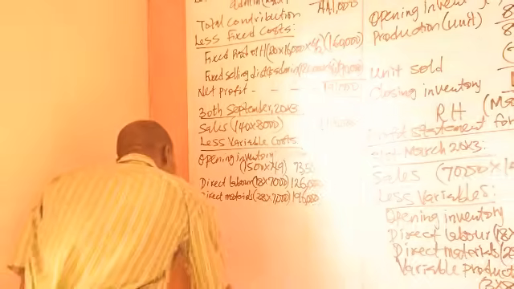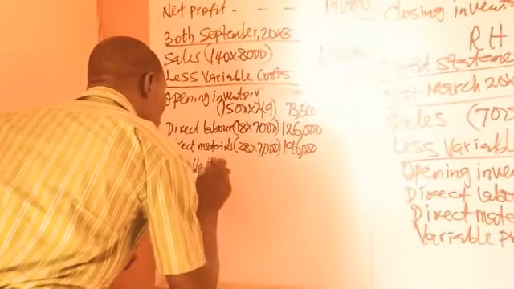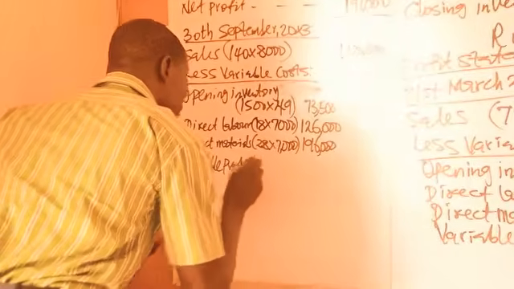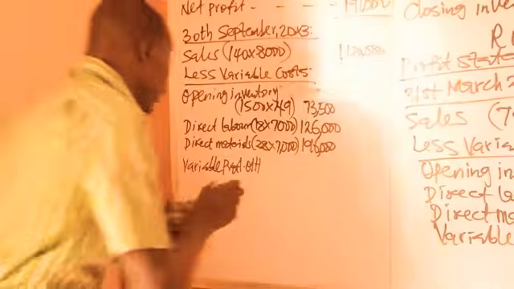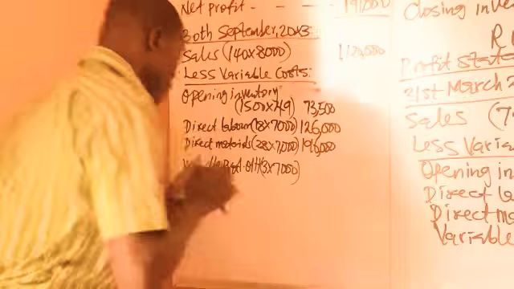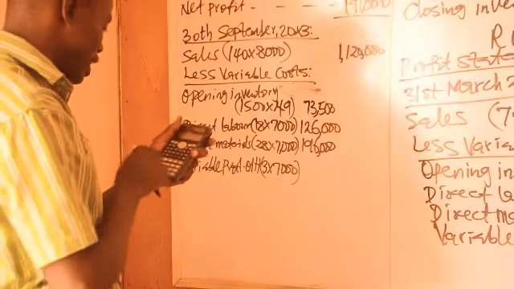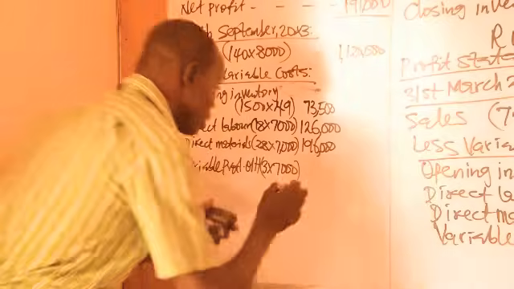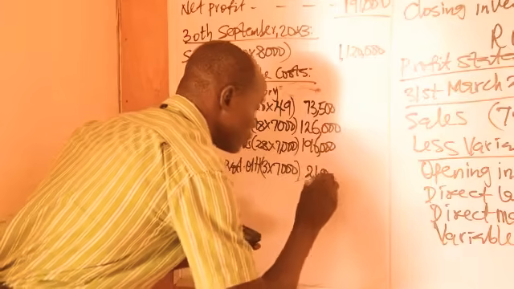So variable production overheads of $3 times units produced, which is 7,000. You have 3 times 7,000, and that will give us 21,000.